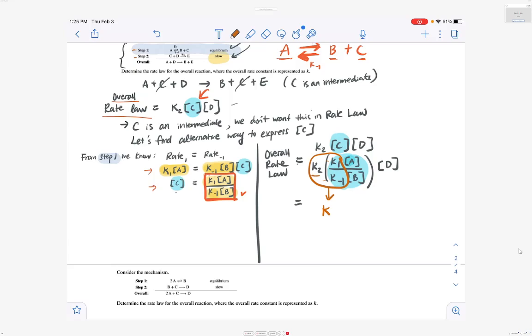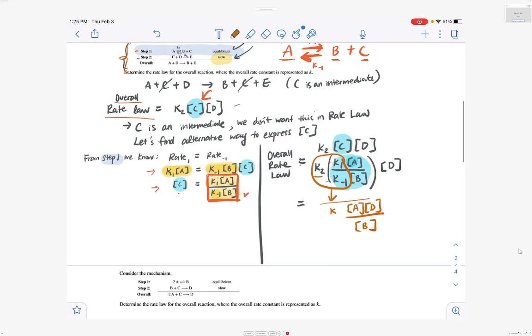But for the overall reaction, you are going to have a combined rate constant, and that's labeled as K, small k. So that's K, and then what do you have left? You have concentration of A, concentration of D, divided by concentration of B. So this is going to be the overall rate law.